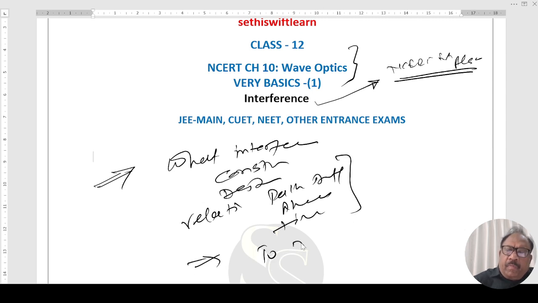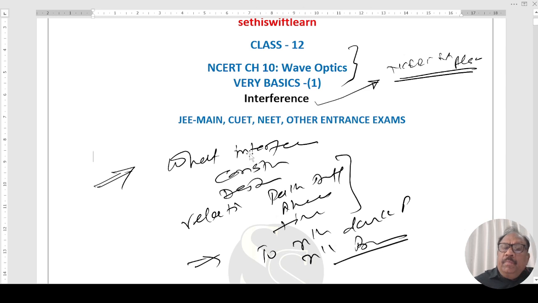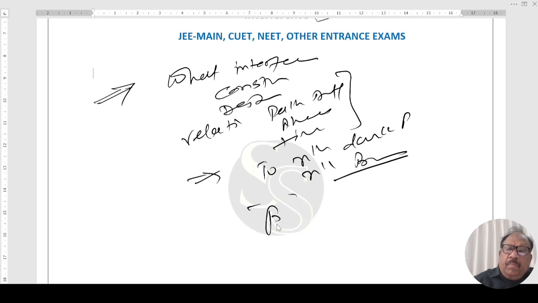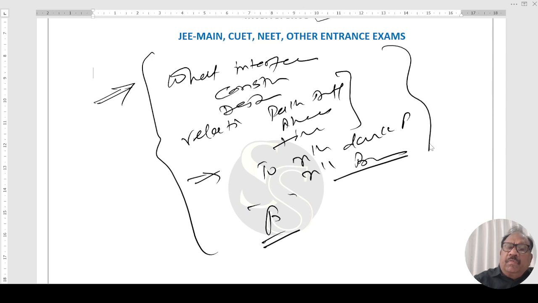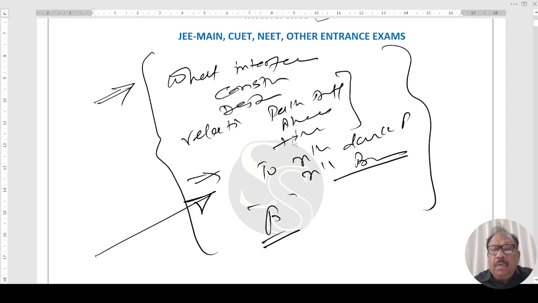To find the nth dark fringe, to find the nth bright fringe, to find beta fringe width, etc. and other points will be cleared through this session. It is requested to go through the session completely.